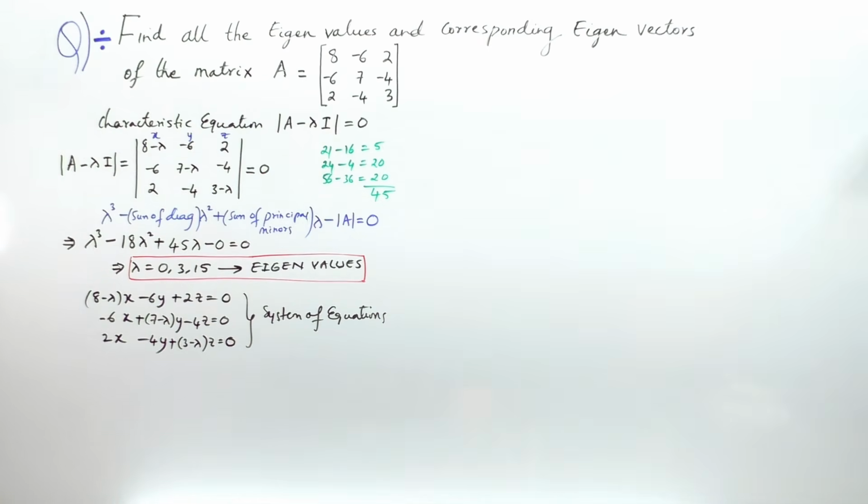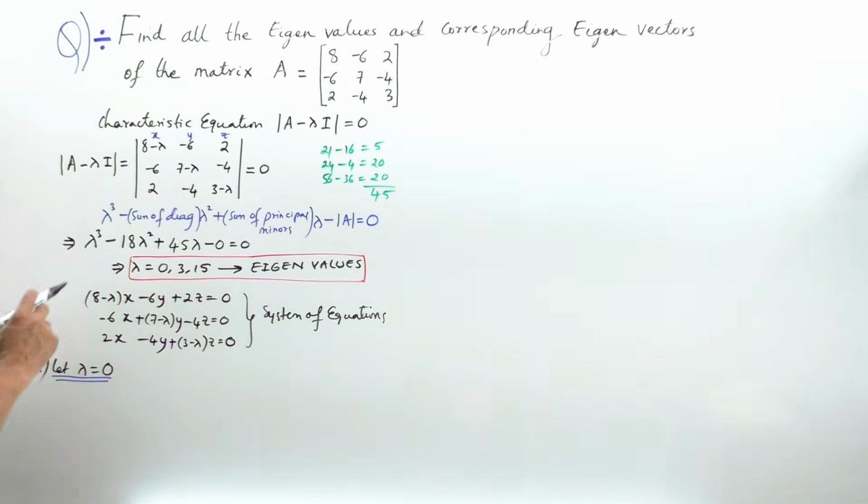So first case I'll take, let lambda is equal to 0. Fine. So I'll take this case first. Case 1. So put lambda is equal to 0 in this equation.